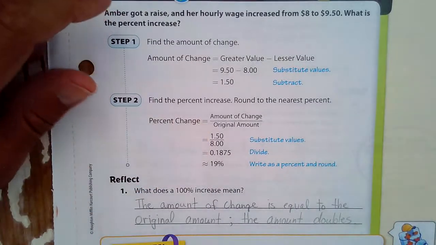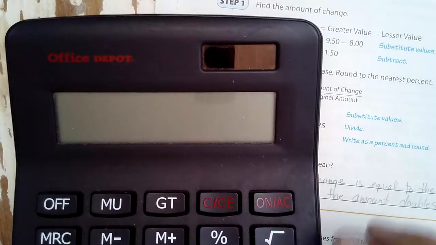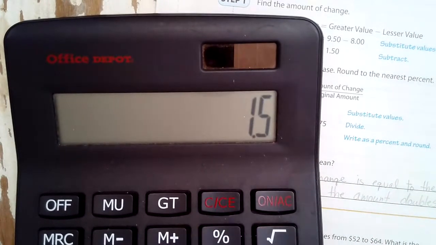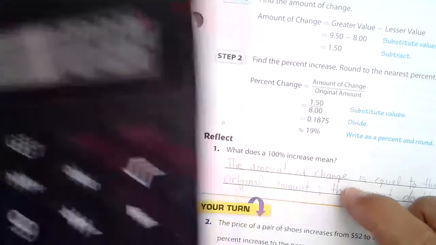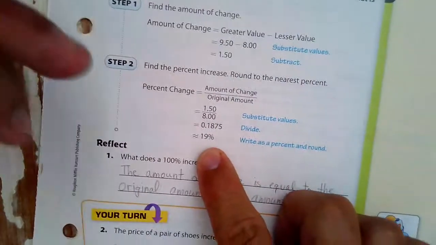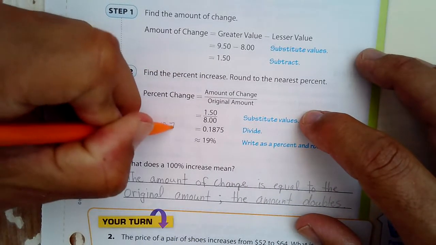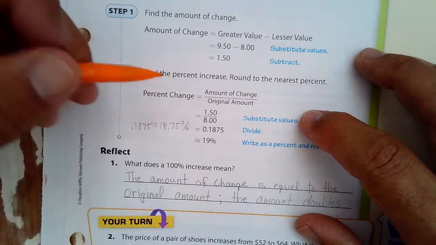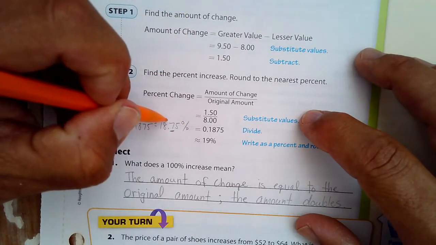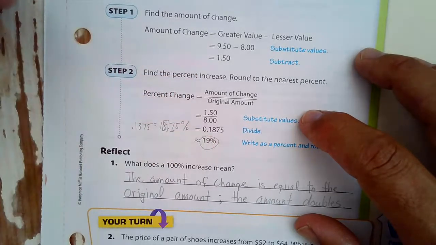When you throw that into a calculator, which I'll do here, we get what? $1.5 divided by 8 is 0.1875, which is equal to 18.75%, because we moved the decimal 2 times to the right when turning a decimal to a percent. And this 7 turns the 8 into a 9 because 7 is 5 or more. So that's why it's 19%.